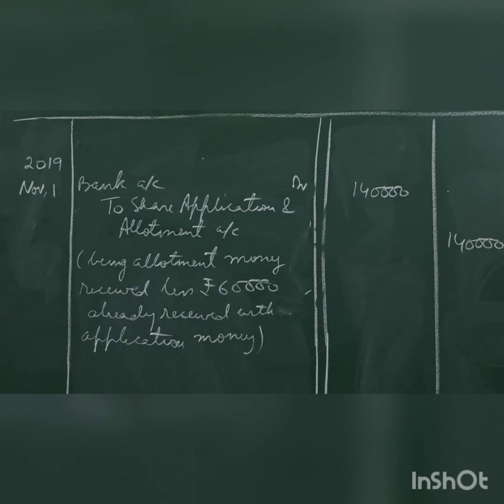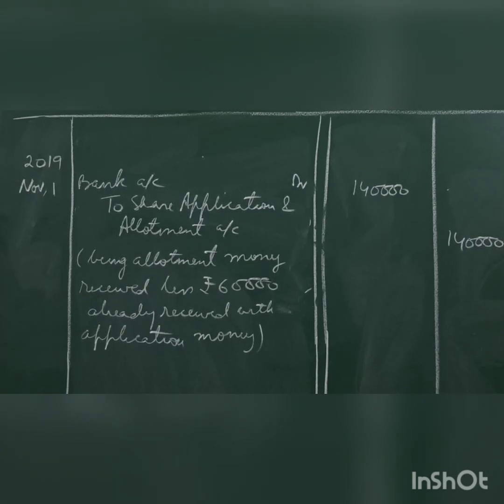If you recall column number 5, you have already shown in your adjustment table 60,000 as excess money received, which will be deducted from 2 lakhs, which is in that 5 lakh amount. The 2 lakh represents allotment money due, less 60,000 gives you 1,40,000.